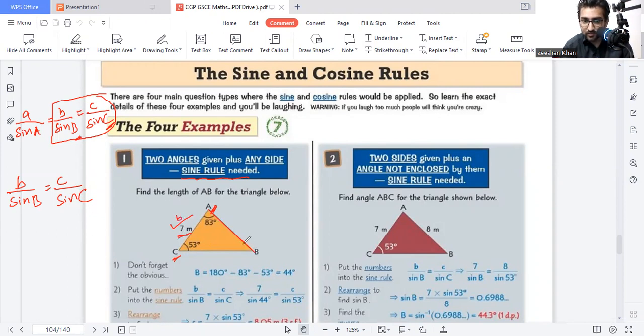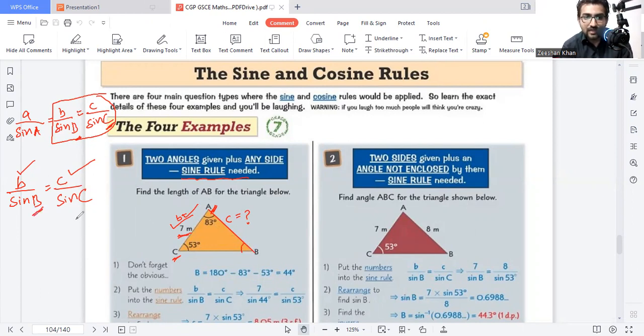Because it is opposite to that angle B. So obviously I have taken B here. And we need C. This is C, right? It is opposite to that. We need this. This is given and we need that. So therefore I choose these two fractions to solve this question.